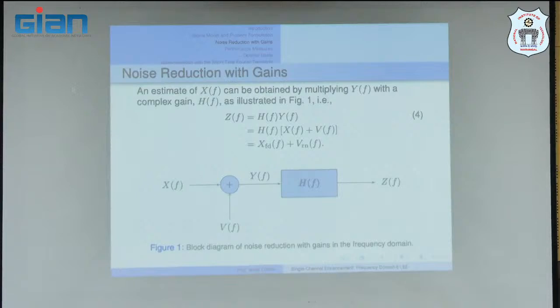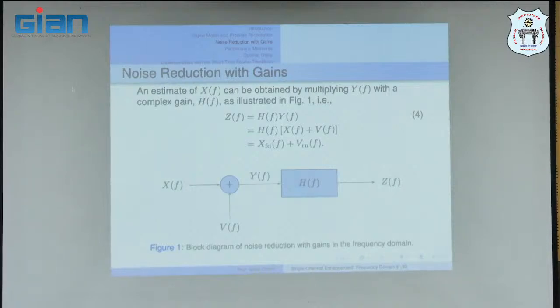On one hand, we want the filtered desired signal to be equal to X, which means that the gain H should be 1. Ideally, we want H multiplied with X to be equal to X for any desired signal.